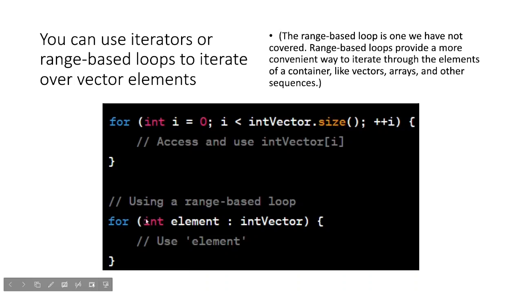So in this case, for int element in the int vector. So int element is what we're going to use for manipulation, and it depends on the index that we're at in our int vector. You can look more into these if you'd like to, or if you want me to make a video about these, just let me know and I'll do so for you.